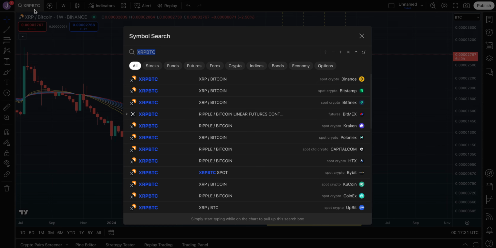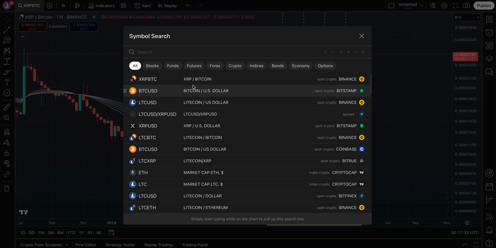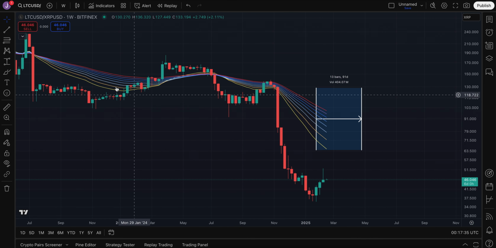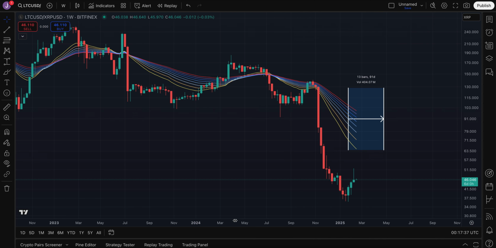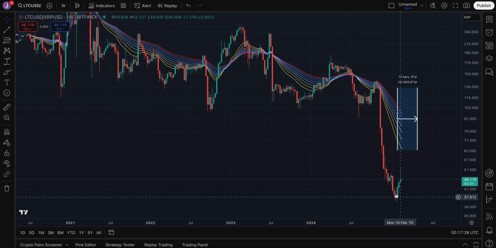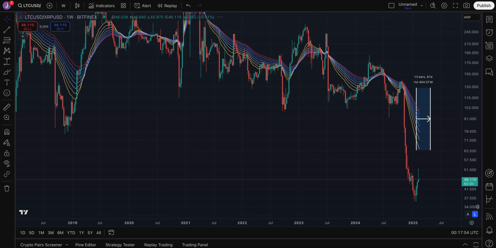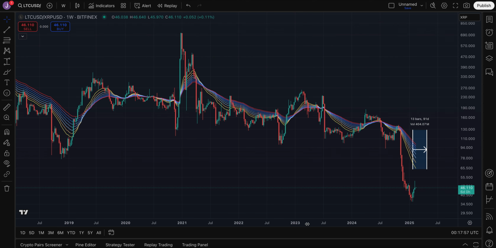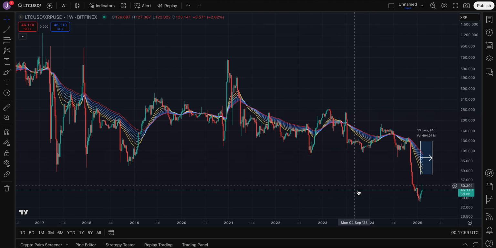But if we take a look at the Litecoin versus XRP chart, we can find that these round bottoms tend to be a really good signal for the Bitcoin price also. We have one peak here. Let me start to circle the bottoms and we can start tracking the dates. That's why we were talking about the Litecoin, XRP, and Bitcoin prices.